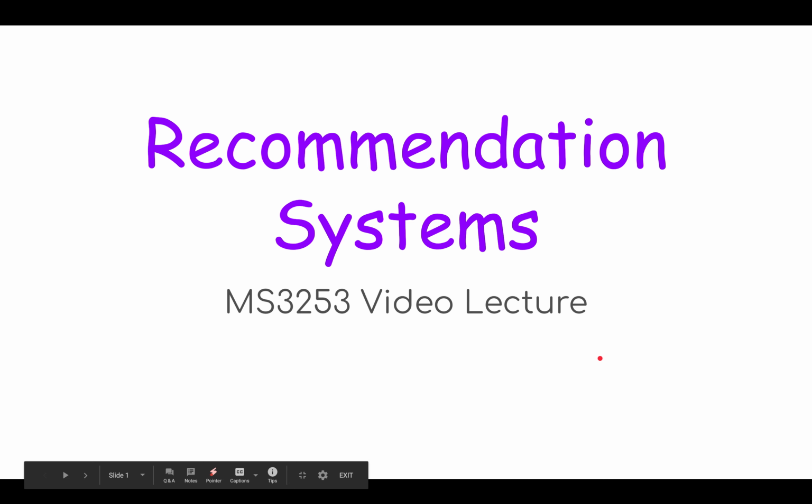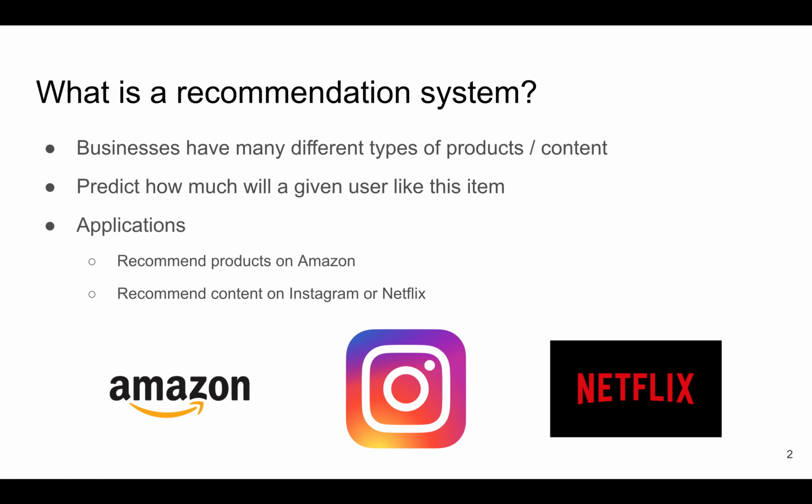In this video lecture, I'll be talking about recommendation systems. So what is a recommendation system? Many businesses, particularly internet companies, have a lot of different types of products or content. So a recommendation system is used to predict how much a particular user might like a particular item or content.